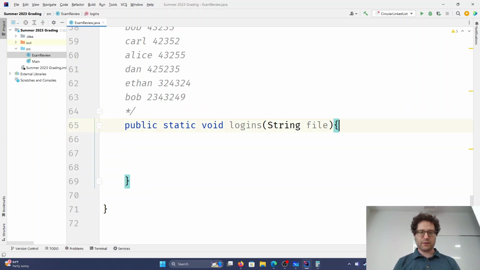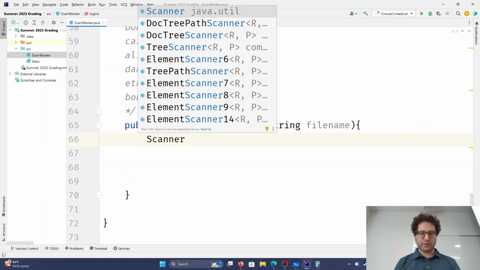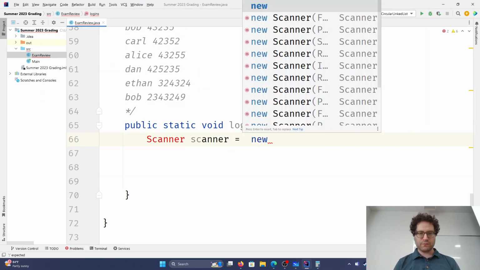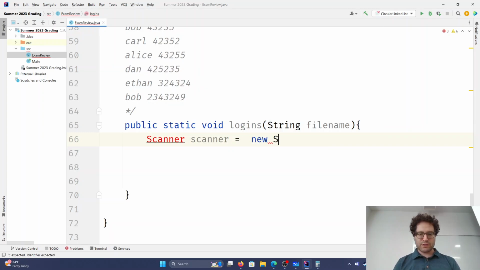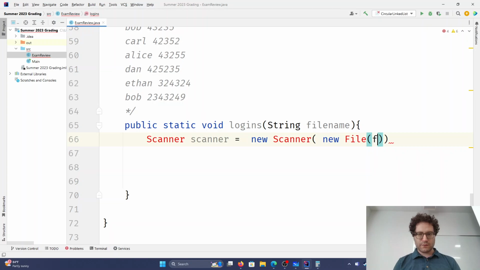What we're going to do is say Scanner is equal to new Scanner, new File name. Alt enter. Come on, you know how to resolve this. Alt enter.